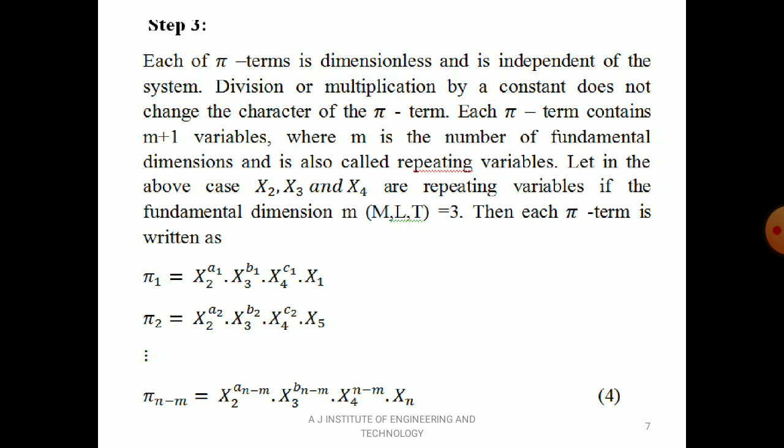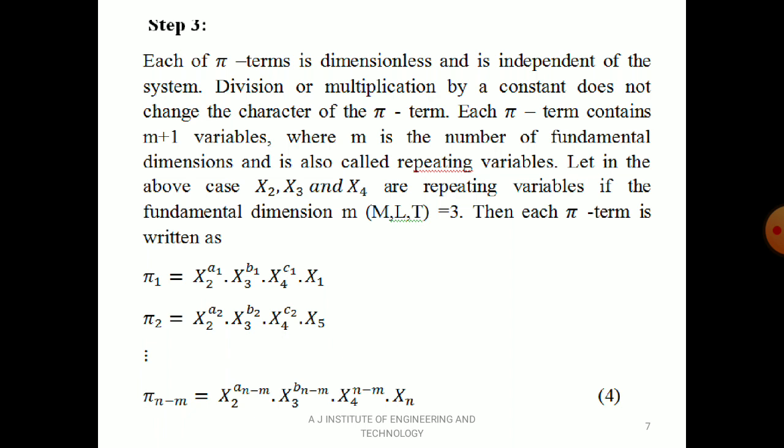So each pi term contains m plus 1 variables. What is m there? m is the number of fundamental dimensions. If the number of fundamental dimensions is 3, then the pi term should have 4 variables or 4 terms.